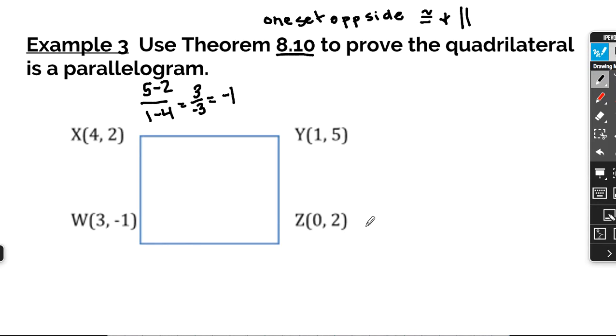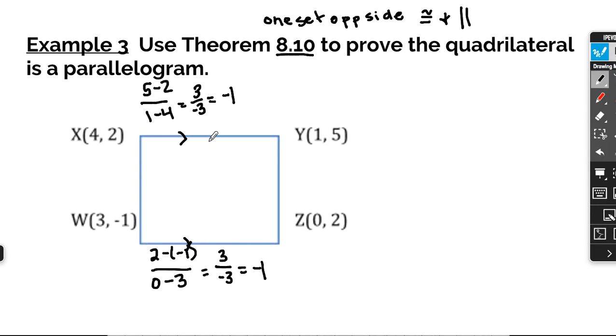Here we have 2 minus negative 1 over 0 minus 3. So 2 minus negative 1 is 3 over negative 3, so that also gives me a slope of negative 1. With this, I can tell that this set of sides is parallel.